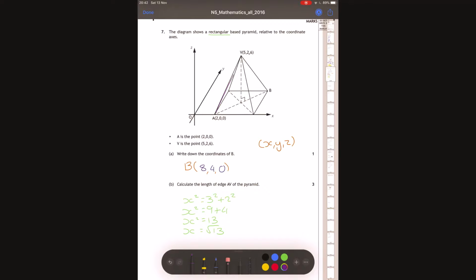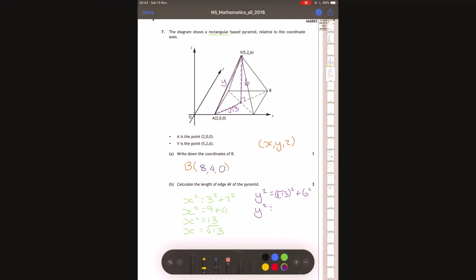Now we can move on to this larger triangle and find AV. We know that's 6. We know this is root 13 down here. And we're looking to find AV, which I'm just going to call y. So y squared is equal to root 13 squared plus 6 squared.